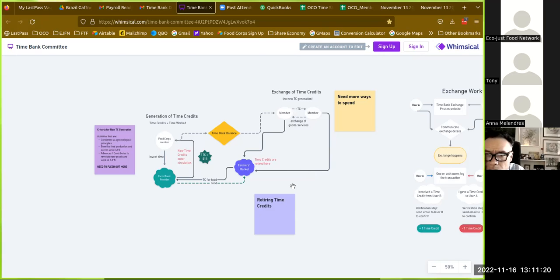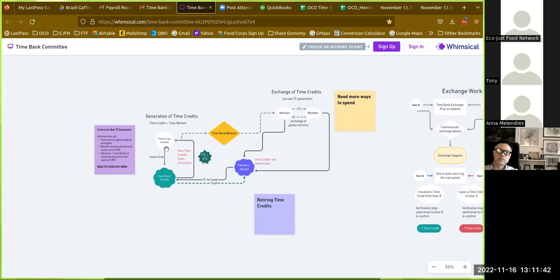Okay. So basically, just a brief recap on the life cycle of a time credit. So time credits are generated or created when a Food Corps member works on a farm or in a food provider like a bakery or cheese maker place.